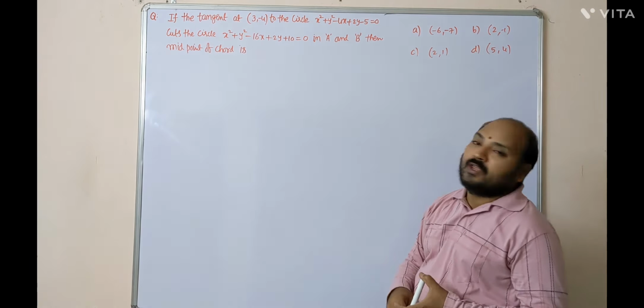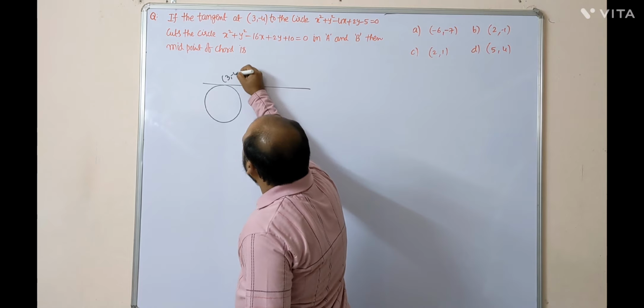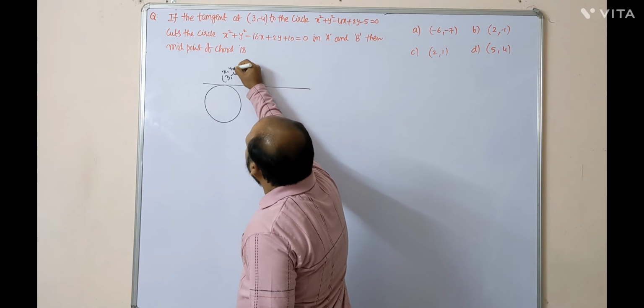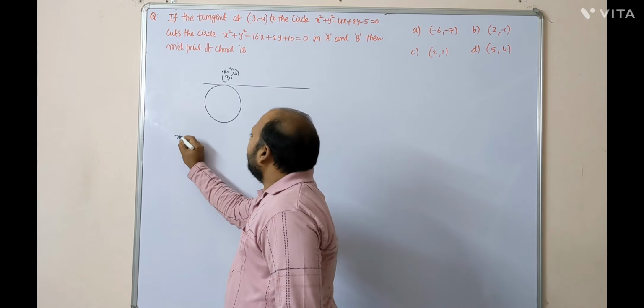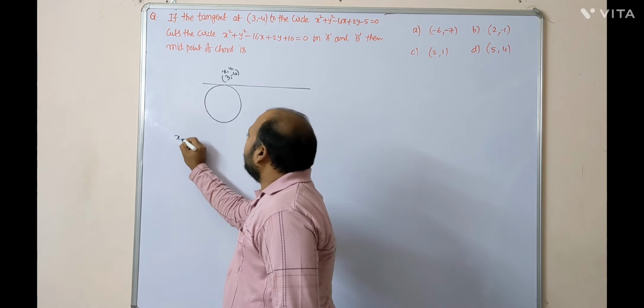First circle. Tangent equation. At which point? (3, -4), that is x1, y1. First circle: x² + y² - 4x + 2y - 5 = 0. So here g equals -2, f equals 1, c equals -5.